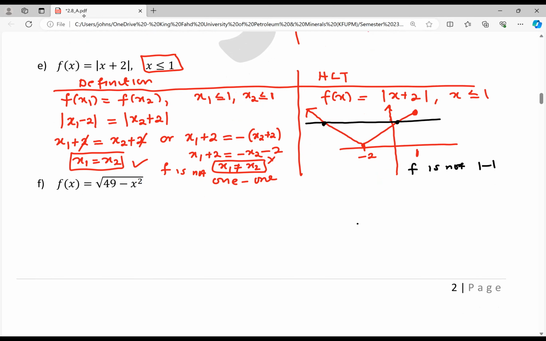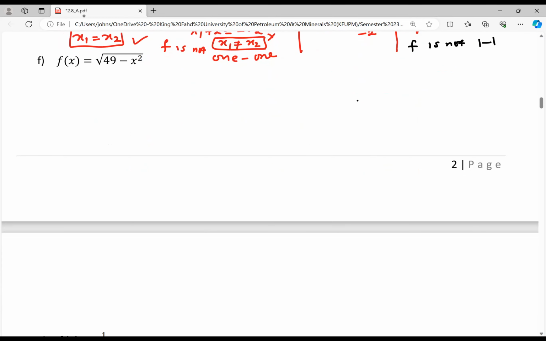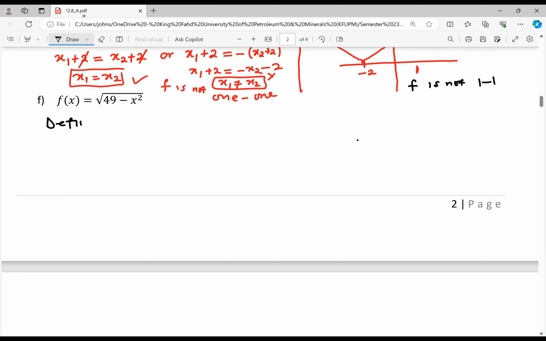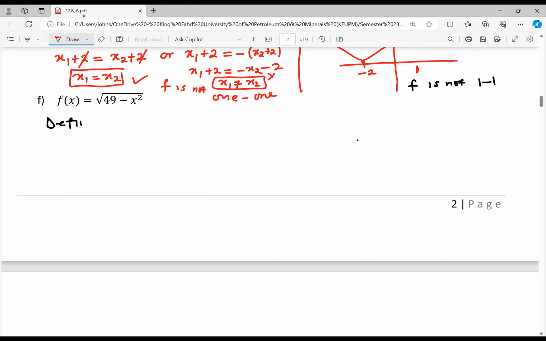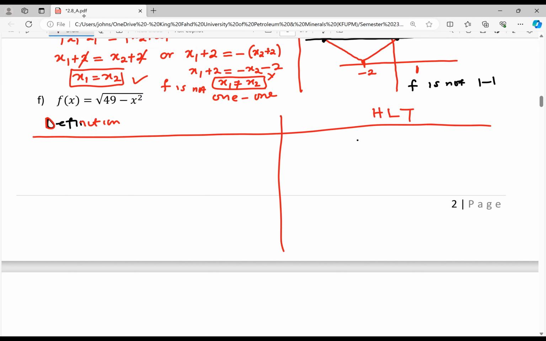All right, so let's go for f. By definition, and the same thing, we will also like to use the horizontal line test.